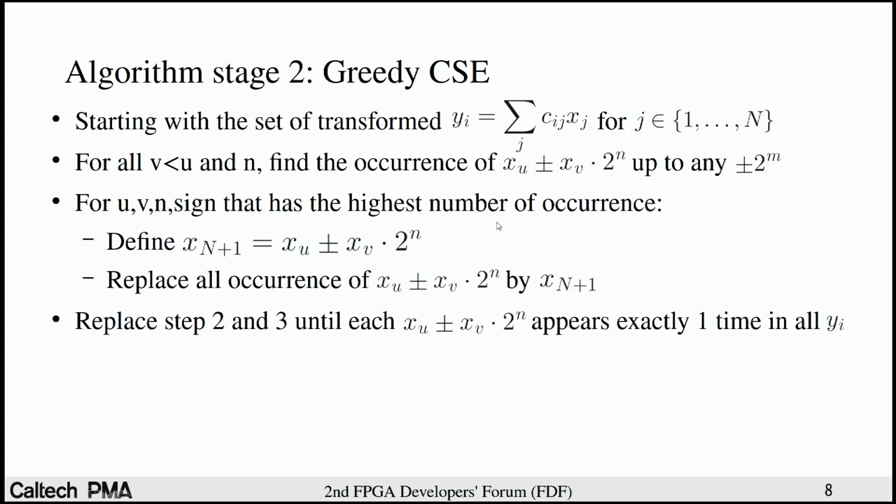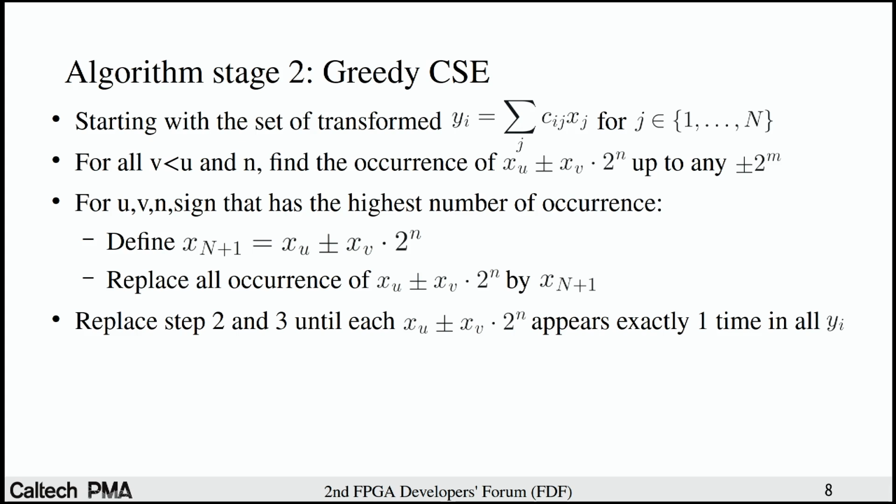And the second part, the most important or core part of this algorithm, is a greedy common sub-expression elimination. So starting from the set of expressions, again, of y being some constant dot product some variable, for each term, basically a constant times a variable, where the constant here is any power of 2 plus or minus 1, find all occurrences of this expression up to any powers of 2 and assign.